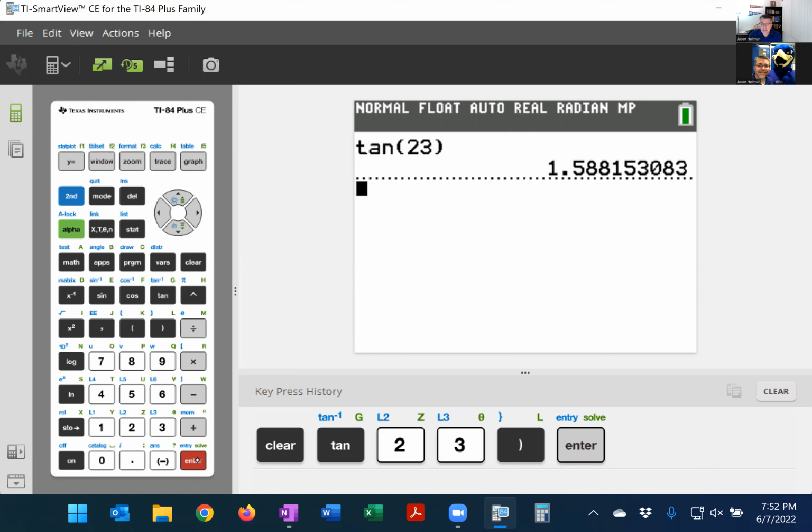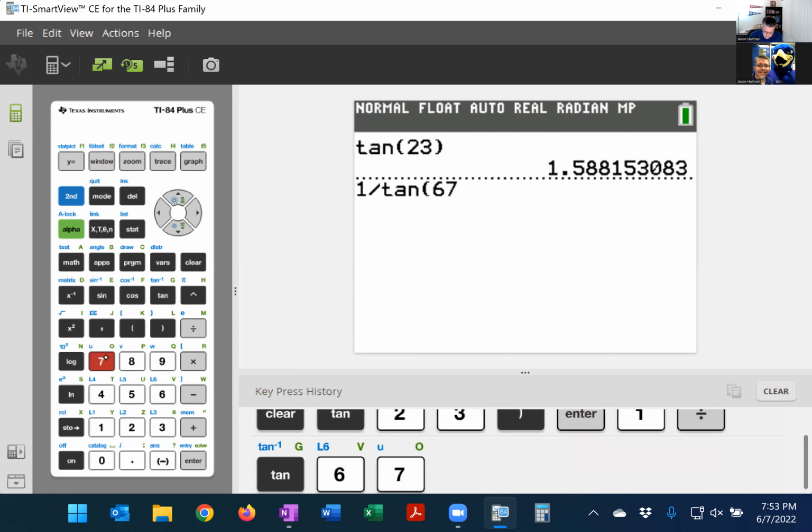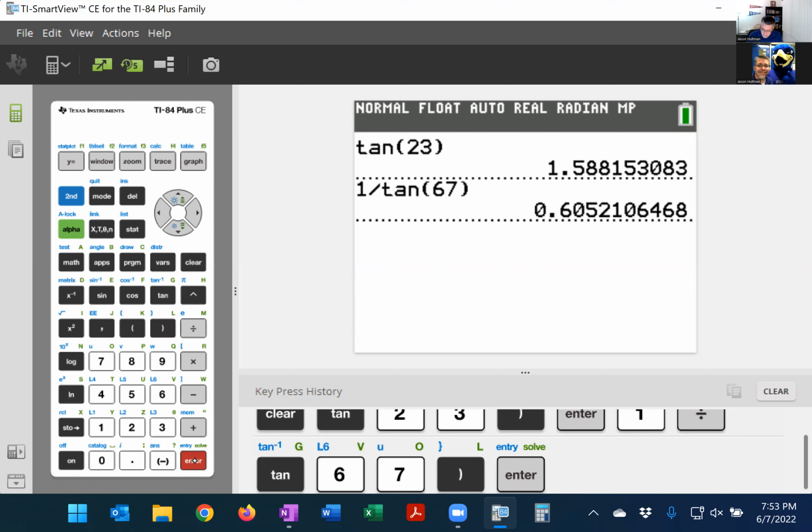Well, how do I find cotangent? Cotangent is the reciprocal of tangent. So I can go 1 divided by the tangent of 67, the complement.